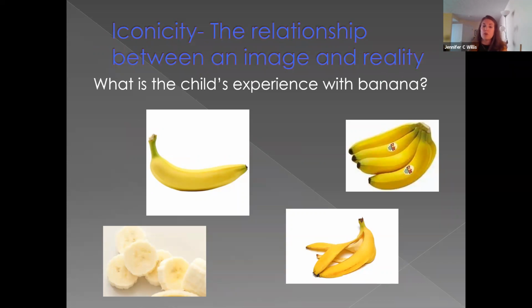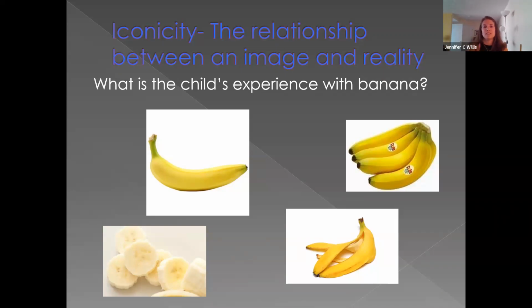If we give them a photo symbol of a whole banana, are they going to be able to recognize that that refers to the banana slices that they get on their tray? Or if we show them a whole bunch of bananas, are they going to be able to recognize that that is a bunch of the one banana that they usually get when it's time for snack time, or the one banana that shows up in their lunchbox at lunch? Do they know what a banana peel looks like when it doesn't have a banana inside of it?